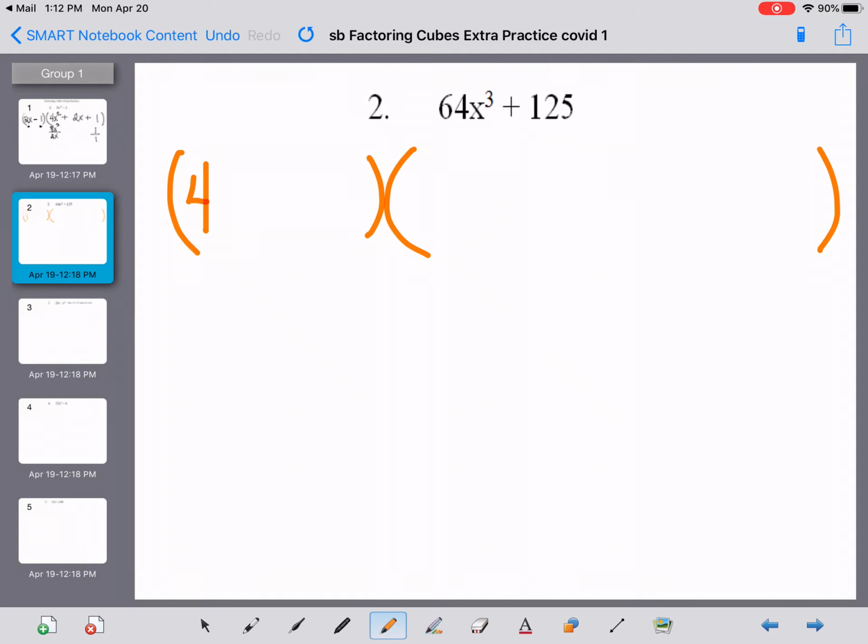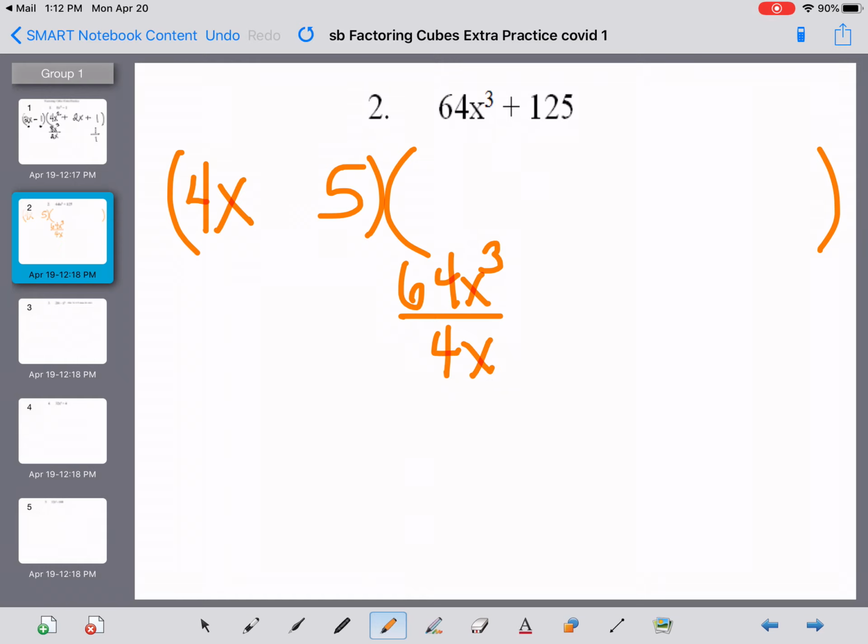The cube root of x cubed is x. The cube root of 125 is 5. To figure out the other numerical values in this problem, or algebraic values, we're going to take 64x cubed and divide it by 4x.